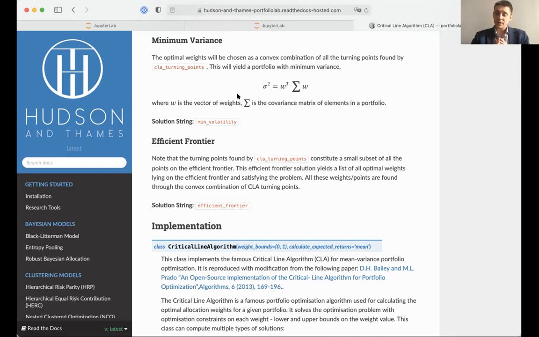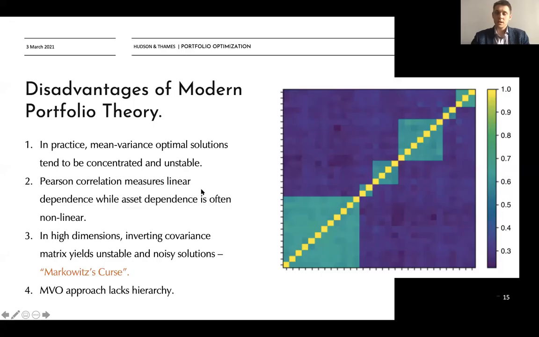And let's jump into the disadvantages of mean variance optimization. So let's take a look at the disadvantages of modern portfolio theory. In practice, if you play around with the algorithm, we can see that mean variance optimal solutions tend to be concentrated and unstable.